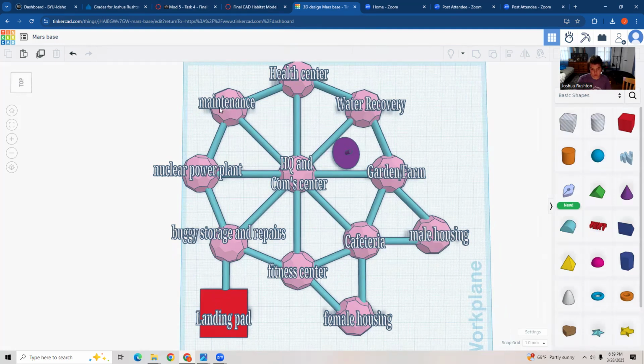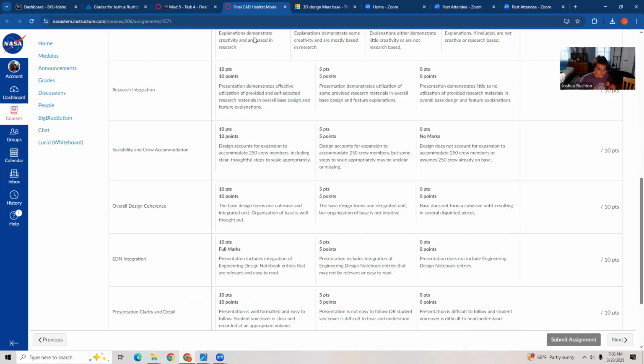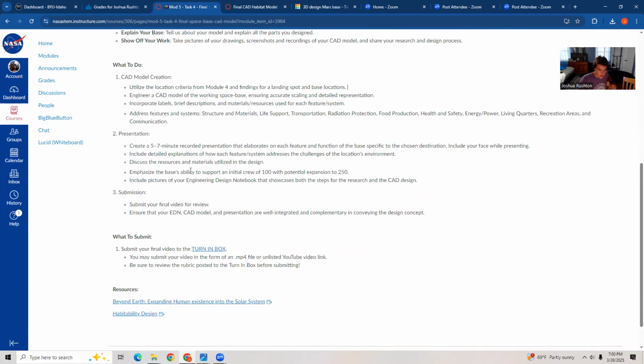That way, should one of these domes be breached in any way, we are able to airlock it and repair it without compromising all the other domes and hallways. And that should be everything.